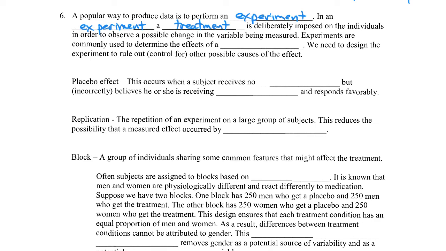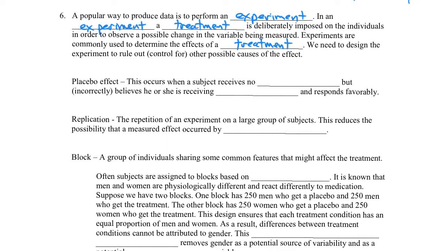So a treatment could be any change. It could be we're going to water this group of plants more than this other group of plants. So it doesn't have to necessarily be some sort of drug. It could be just about anything. And experiments are commonly used to determine the effects of a treatment.